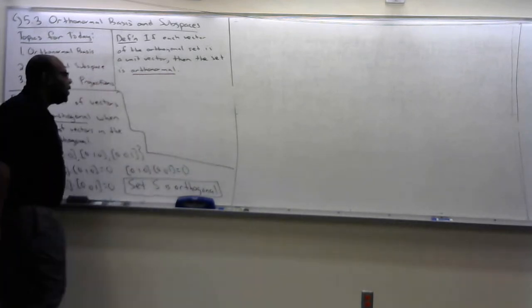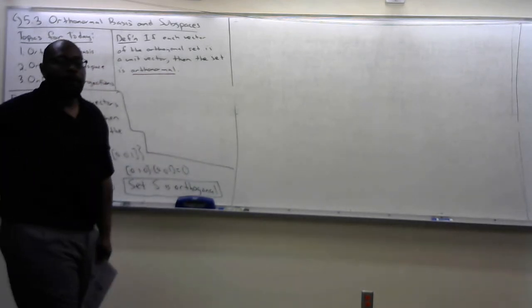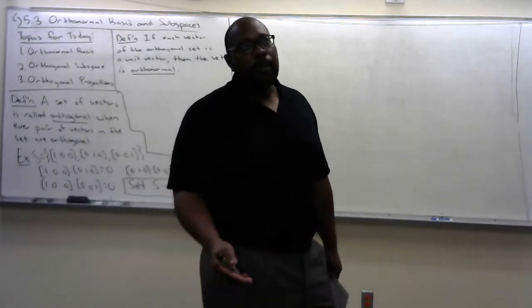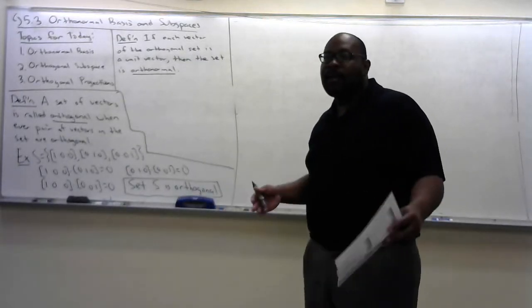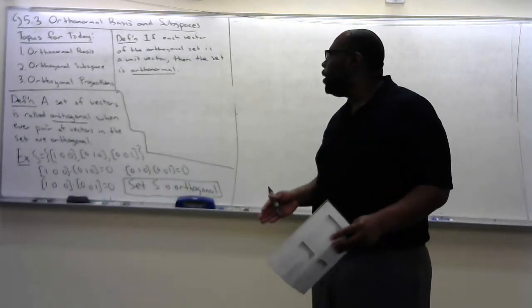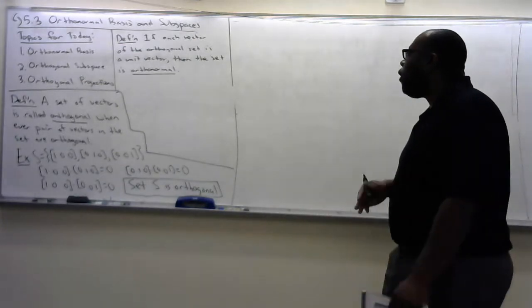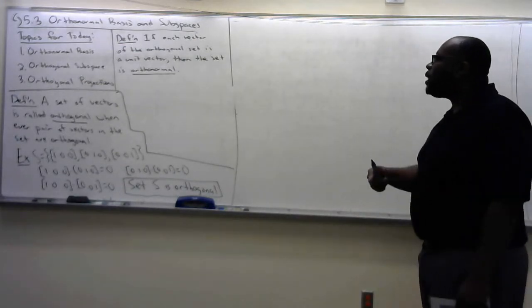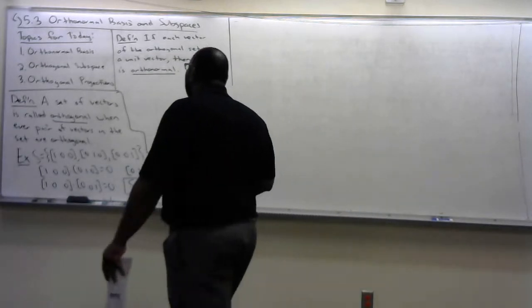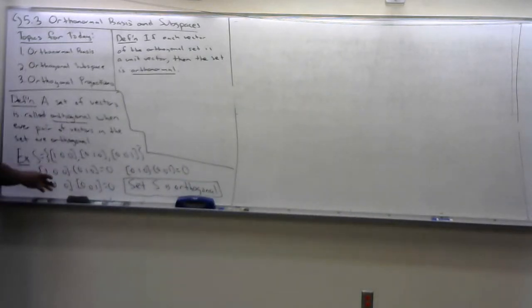Orthonormal. So it has the orthogonal part, ortho, and it has the normal part, meaning a magnitude of 1. Remember the norm, magnitude of 1. So orthonormal. And guess what? The last one we did was also an orthonormal set.